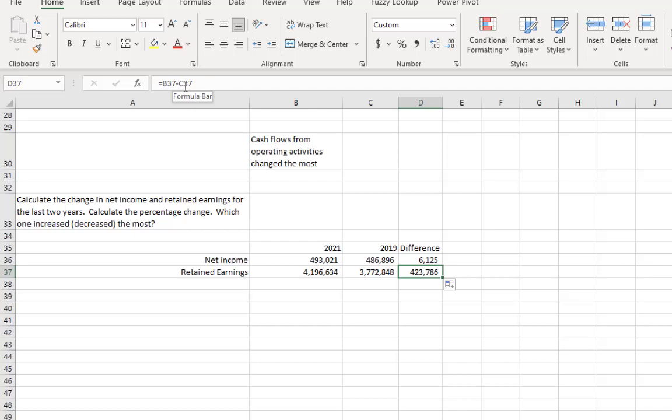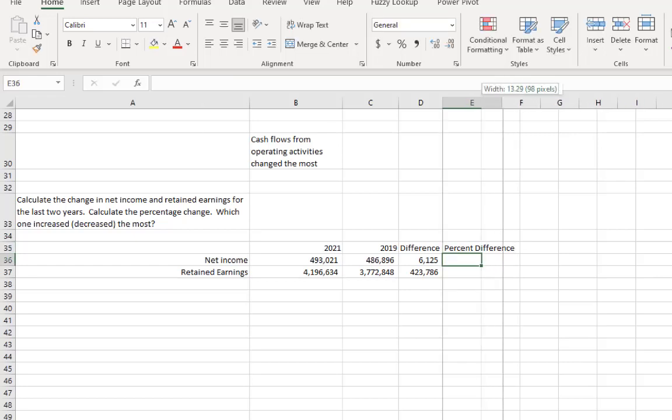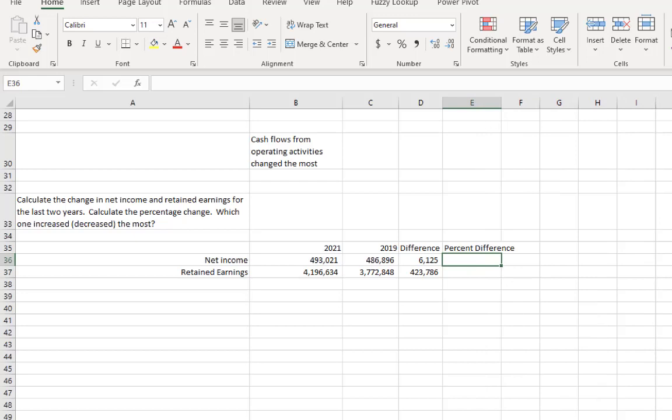You copied it. Okay, so we don't want the absolute difference. We want the percentage difference. So we're going to go here and type percent difference. I'm going to make this a little wider, but then I can just wrap that.